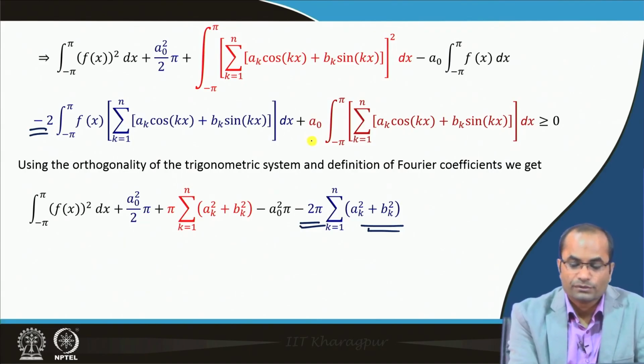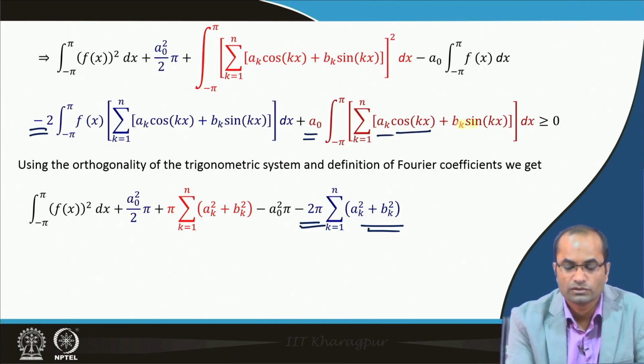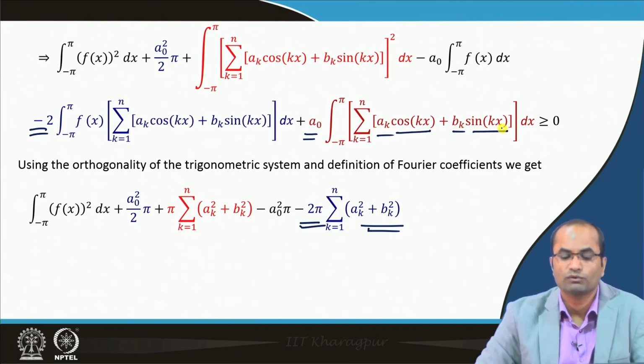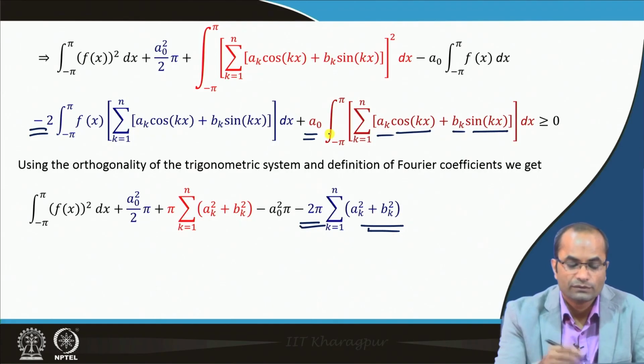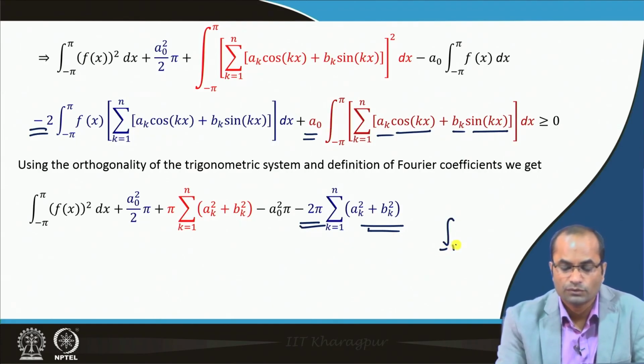Then the last term has a_0 and then a_k cos k x, b_k sin k x. What will happen to this one, as we are integrating these terms from minus pi to pi? For instance, cos k x will be there for the integral dx.